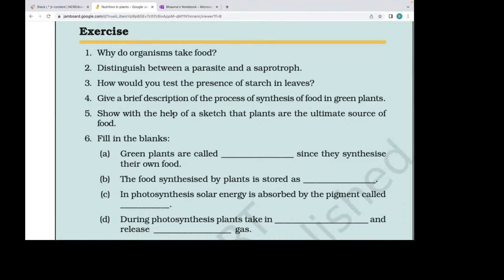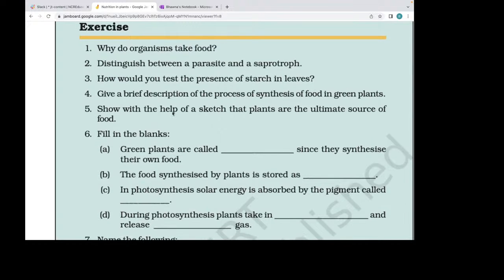Food क्यों लेते हैं organisms? Why? This is very simple: to survive, because we all perform some sort of actions in our daily life, so we need energy for that, and that energy comes from food. So that is why for survival we need food.